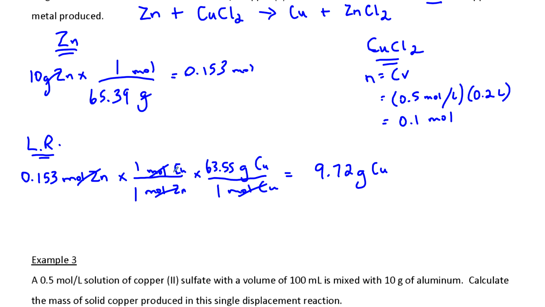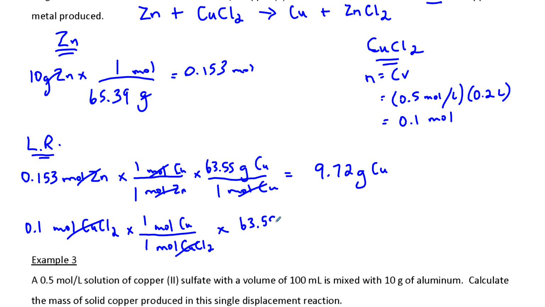I'm going to do the same thing with the copper 2 chloride. Got 0.1 moles CuCl2. I'm going to convert to moles of copper. Again, it's 1 to 1. And finally to grams.